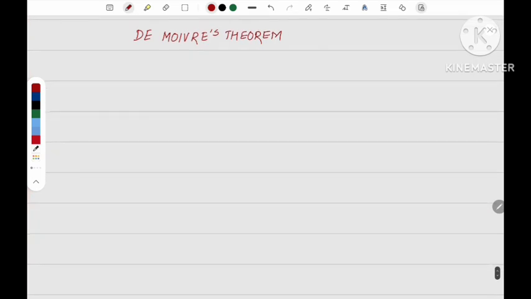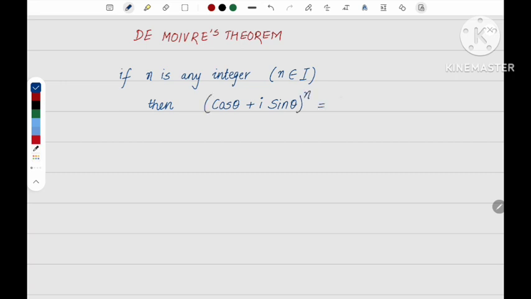So De Moivre's theorem is basically like this: if n is any integer, so I say n belongs to integers, then (cos theta plus i sin theta) raised to the power n will become equal to cos n theta plus i sin n theta.